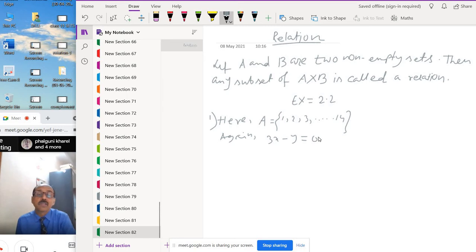Now 3x minus y equals 0. So this means y equals 3x.